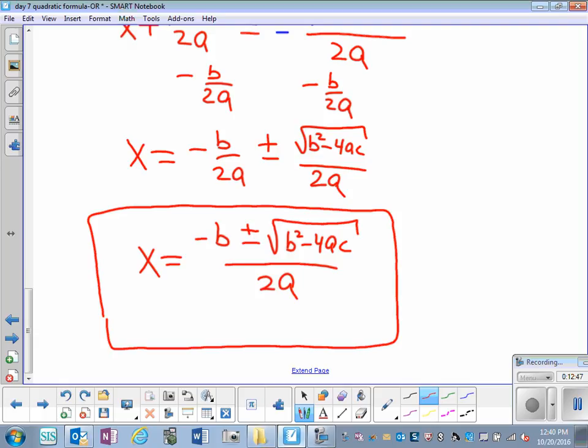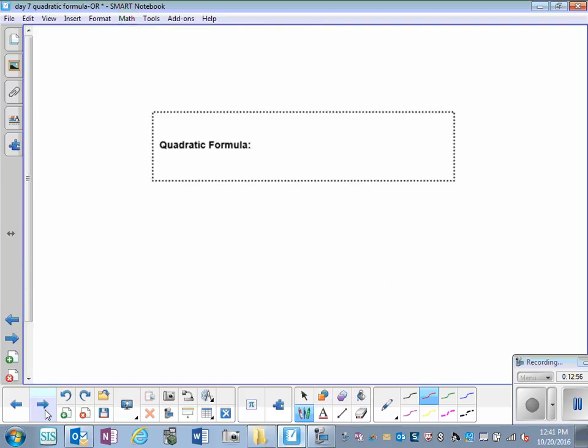That's why it was a little bit ugly and big. But all the steps are exactly the same. Questions? Great. So now just put this formula into your quadratic formula box over there. I think you have this, right? Just put it here. So minus b plus minus square root of b squared.